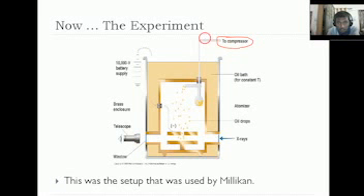This was then taken in this direction to the atomizer. The work of the atomizer was to make the oil droplets very small, on the order of 500 to 600 atoms, or even less, around 10 to 20 atoms.